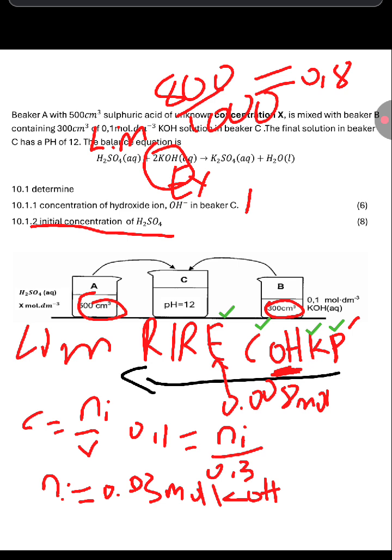All right, these are the initial number of moles for KOH.